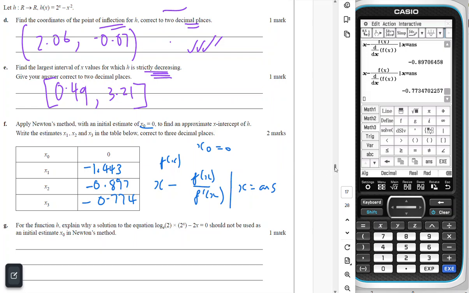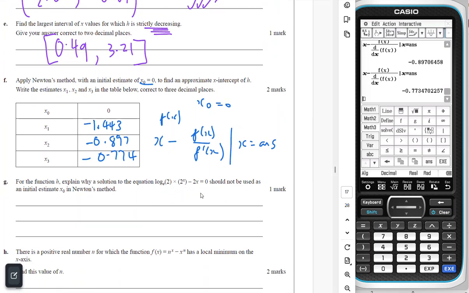Okay. So in G's case, explain why this should not be used as the initial estimate. Well, it's either that the derivative equals 0 or that we have an oscillating situation too far away, or that we have some sort of hybrid function, which we don't have in this case. Okay, so let's see what these values are.